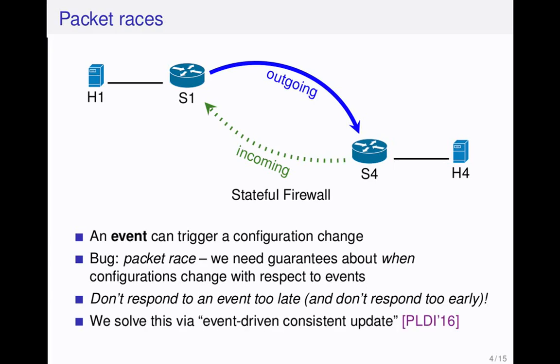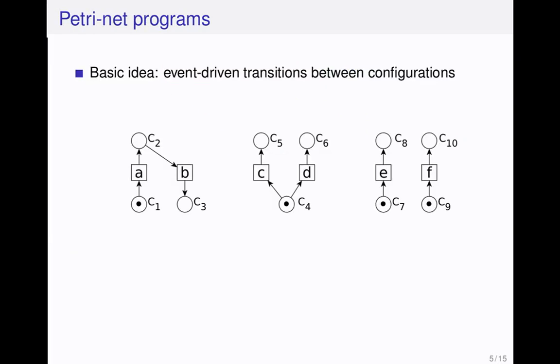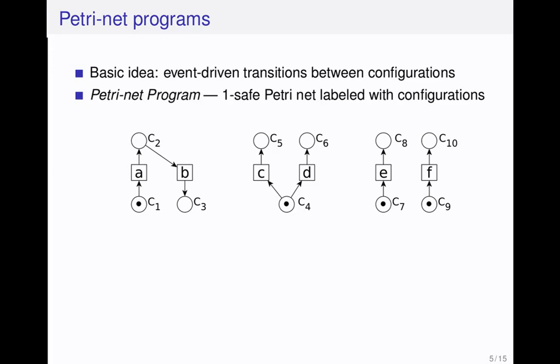And this is solved by a model we call event-driven consistent update in PLDI 16. Part of the idea of that paper is a programming model based on Petri nets. The basic idea is event-driven transitions between configurations, where configurations correspond to these circles or places in the Petri net, and events correspond to the squares or transitions.